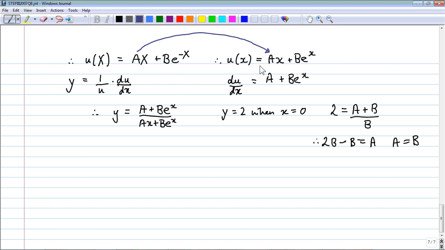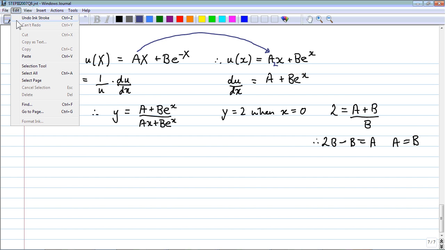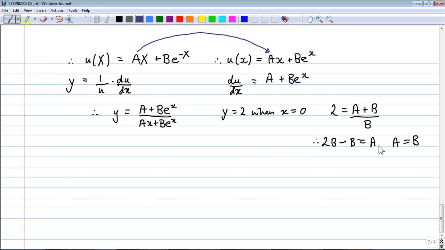Because actually capital X is minus little x, so this would be like minus ax, but because it's just any real number anyway, it doesn't matter as long as we define it. You know, for example, you could put a2 there if you wanted, but perhaps a little bit lazy of me there.